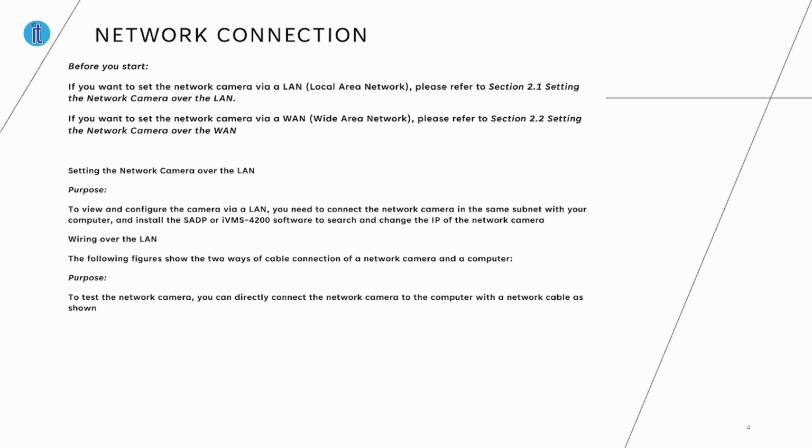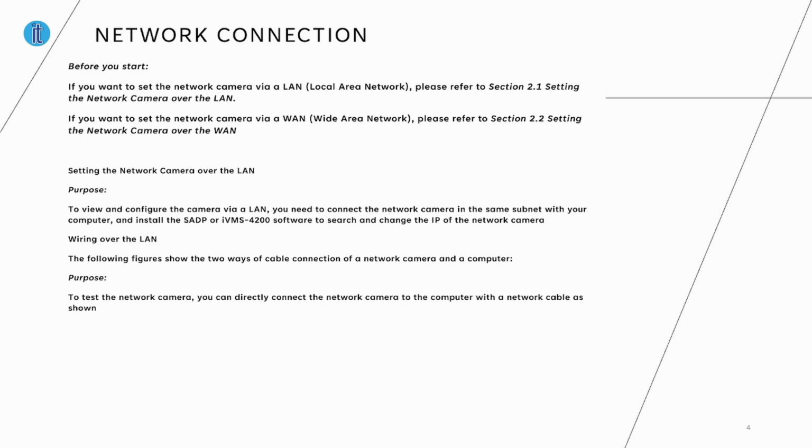The purpose of this is to view and configure the camera via LAN. You need to connect the network camera in the same subnet with your computer. Now, listen again. You need to connect your camera in the same subnet with your computer if you want to configure your camera through LAN connection.